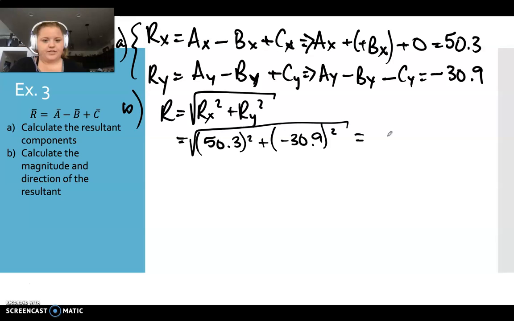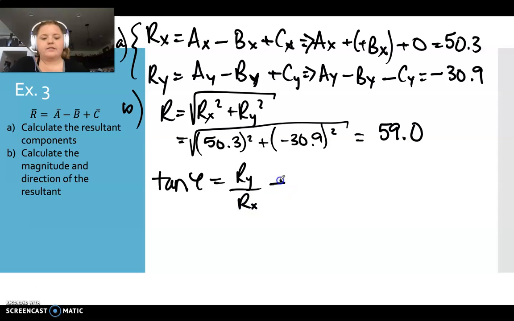And let me go ahead and put that into our calculator. So 50.3 squared plus negative 30.9 squared. We get 59.0.